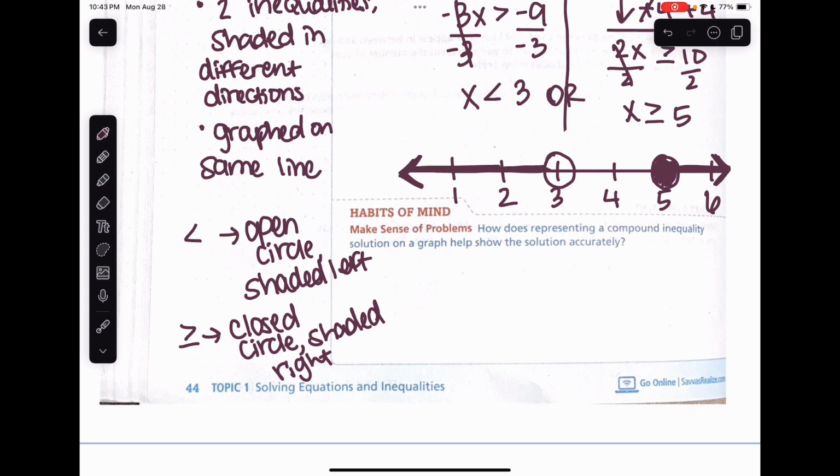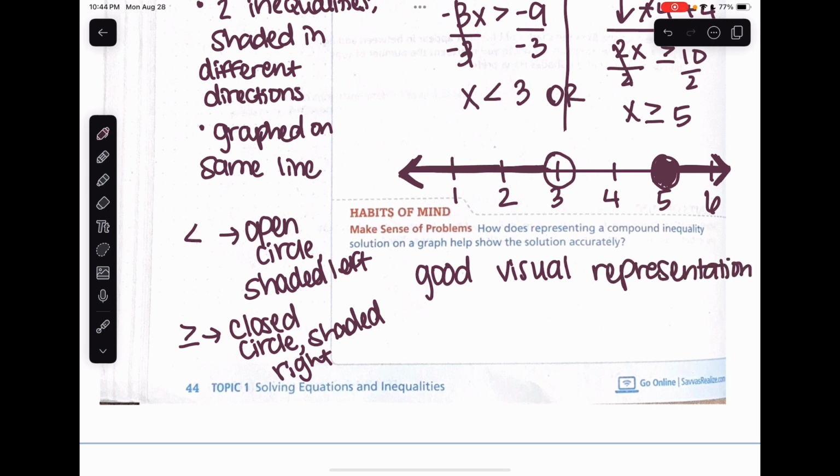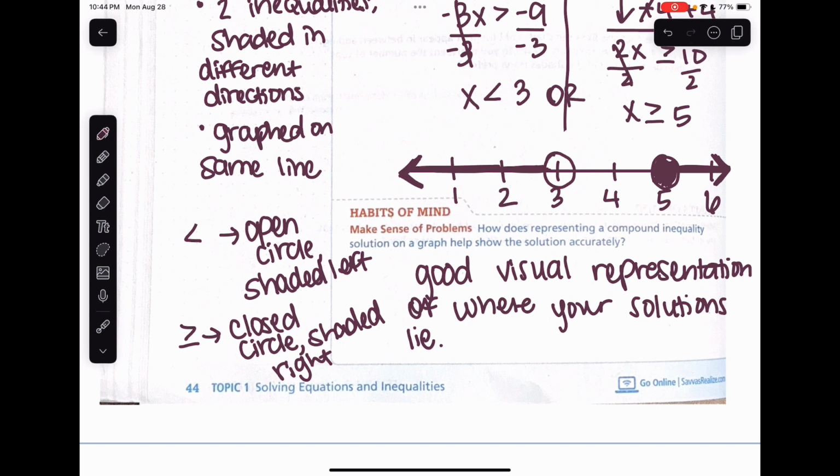So it's a good visual representation of where your solutions lie. Okay, so then what you could do is it makes it super easy to check different values, right?